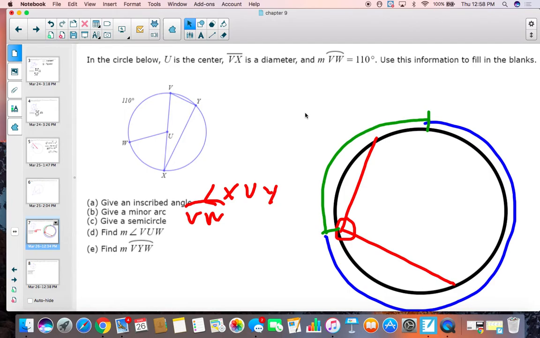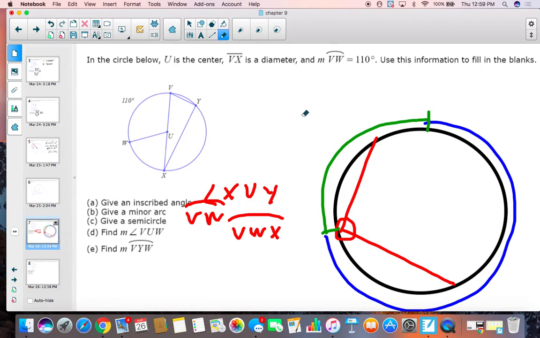So our diameter here is VX, so the arc from V to X, since W is in the middle there, let's call that arc VWX. And once again, since it's an arc, make sure we have that arc over the top. So since VX is our diameter, we know that the arc VWX is going to be a semicircle.